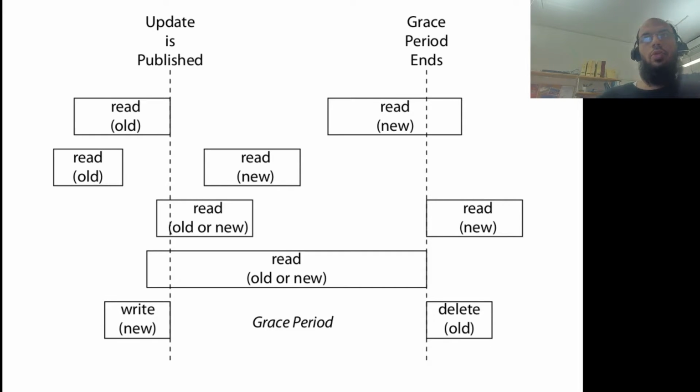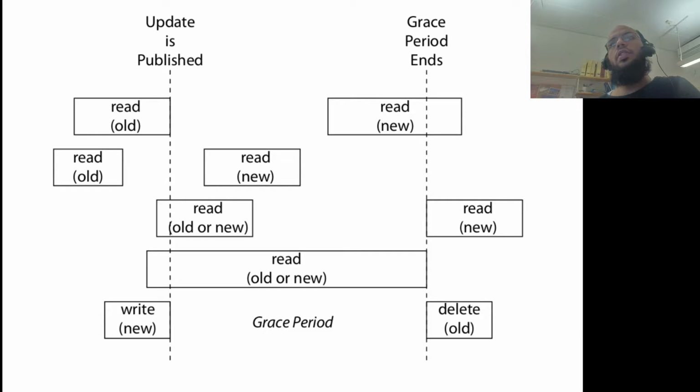They will operate on the old data, while some threads actually start before the new write is completed. In that case, these threads can end up reading either the old data or the new data, because the new data will be finished at the update is published line.